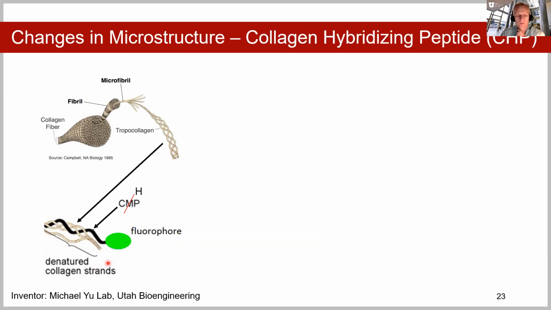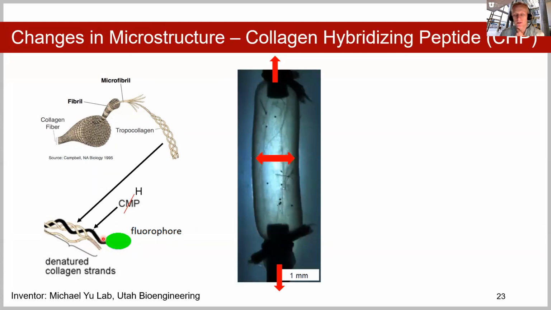Dr. Yu also recognized that he could attach a fluorophore to this molecule, and then by virtue of that fluorophore, be able to identify where his synthetic peptide had attached to the collagen molecule, which was the damaged collagen molecule. So my student, Matt Converse, wondered if this could be used to help us identify collagen fibers that may be damaged in the wall of the blood vessel after it's overstretched.